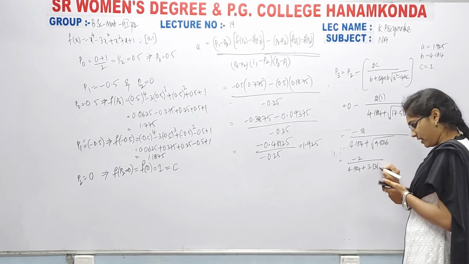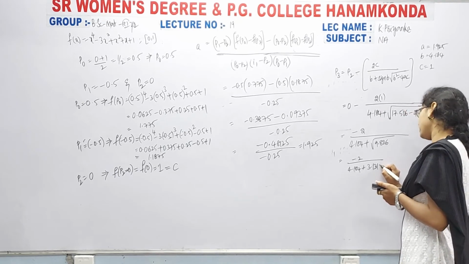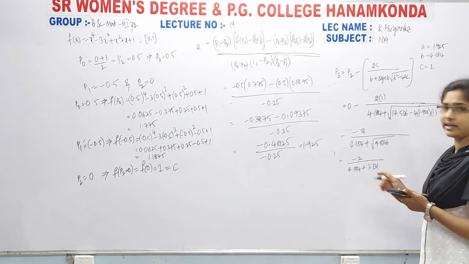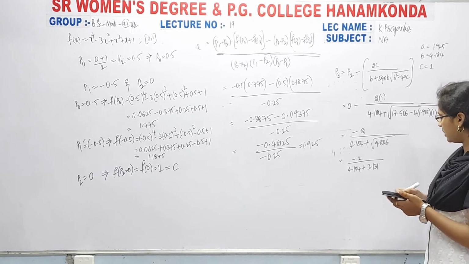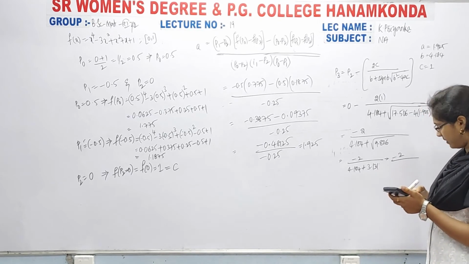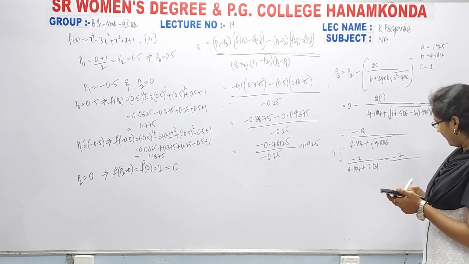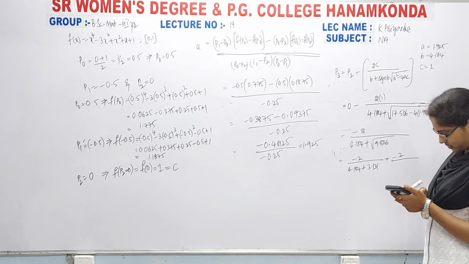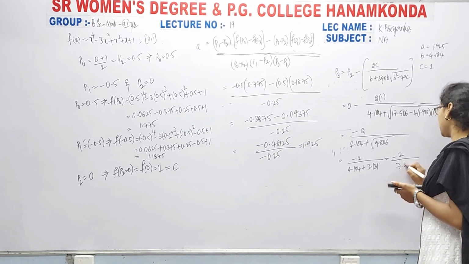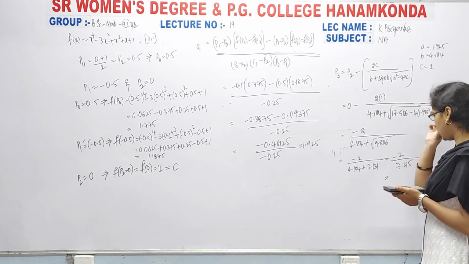I am taking three decimals. Okay. So now this is equal to minus 2 by 4.184 plus 3.131, which is 7.315.